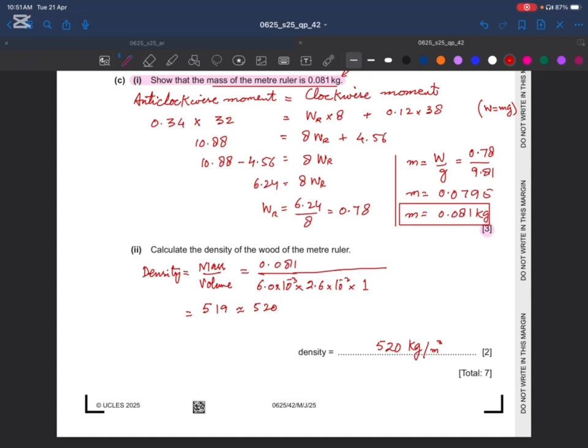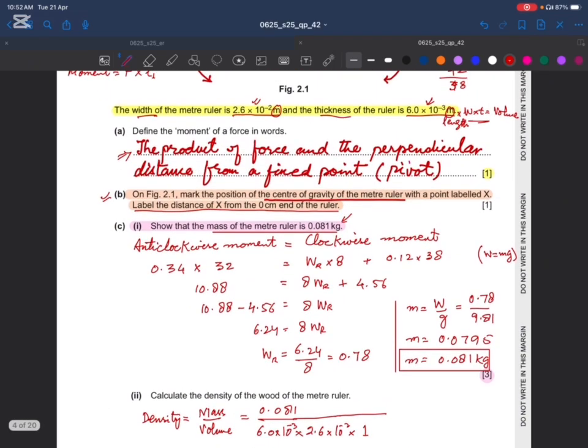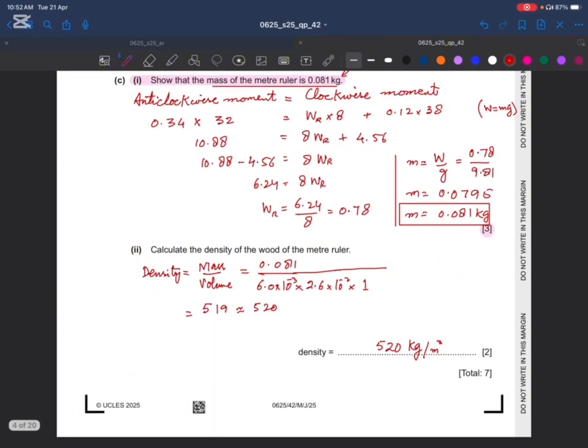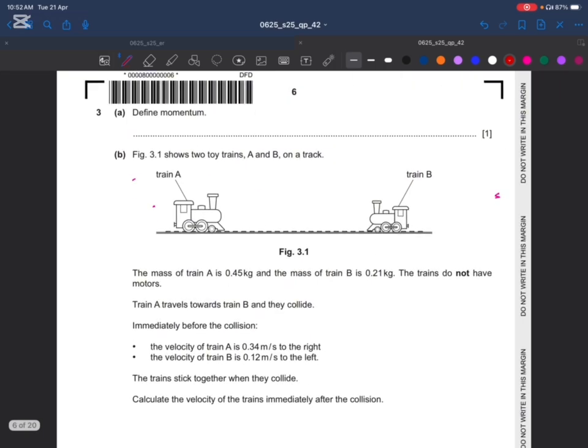So simply one, actually the answer will remain the same, but as far as the volume is concerned, be careful. Volume is not only the multiplication of thickness and width, but length is also involved in this calculation, which is nothing but 1 meter. So 100 centimeter or 1 meter. So this is what we have as far as the final calculation is concerned.